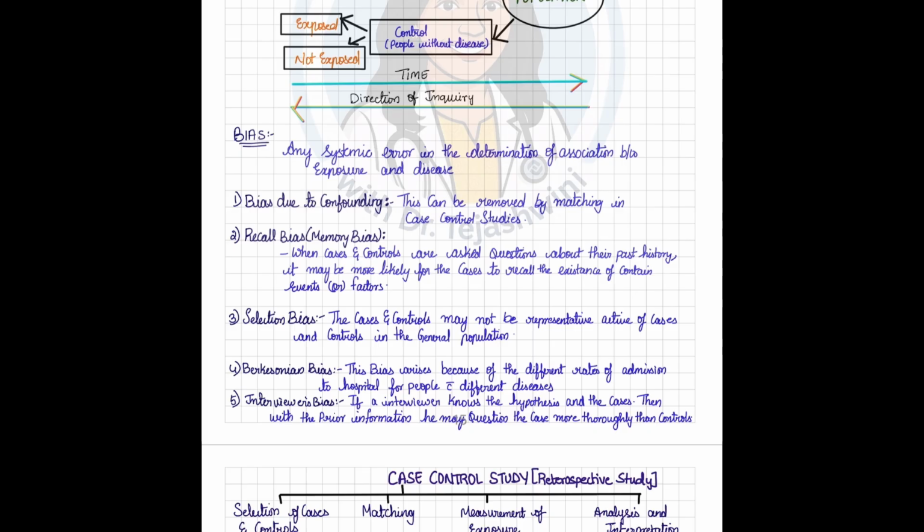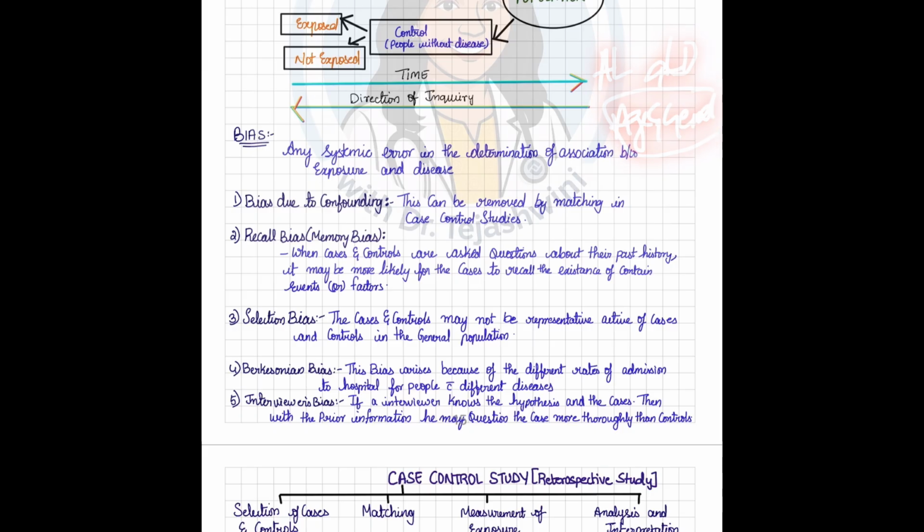Confounding occurs when a third variable is associated with both the disease and the exposure, making it appear that the exposure is linked to the disease when it might not be. For instance, if you are studying the relationship between alcohol consumption and liver disease, age and gender might confound the results because older adults and men may have higher rates of liver disease.